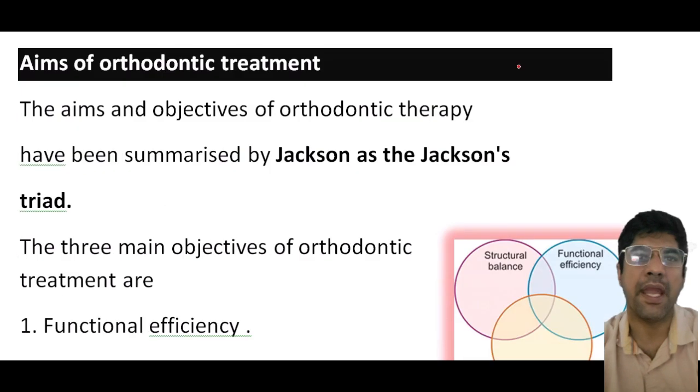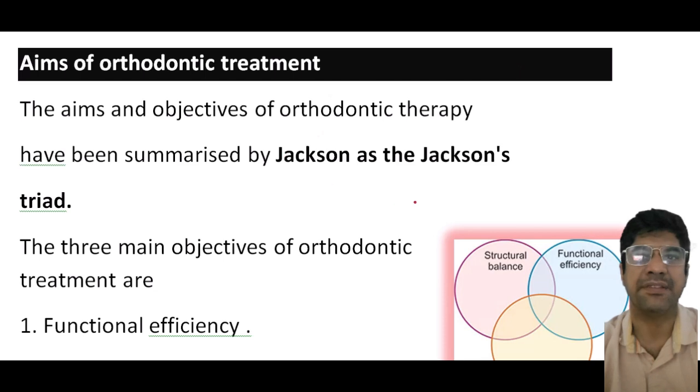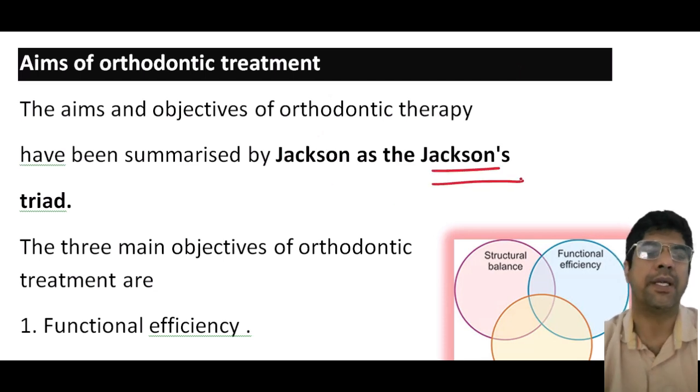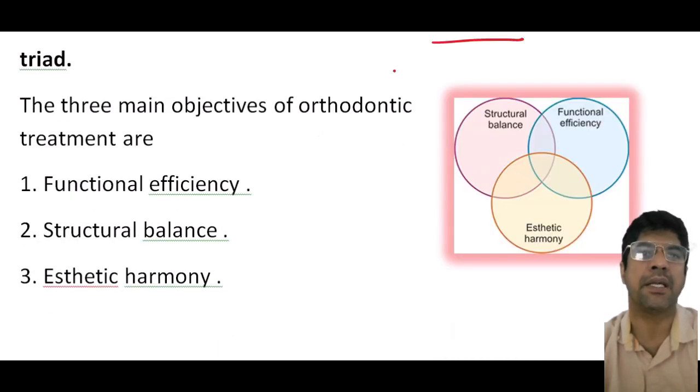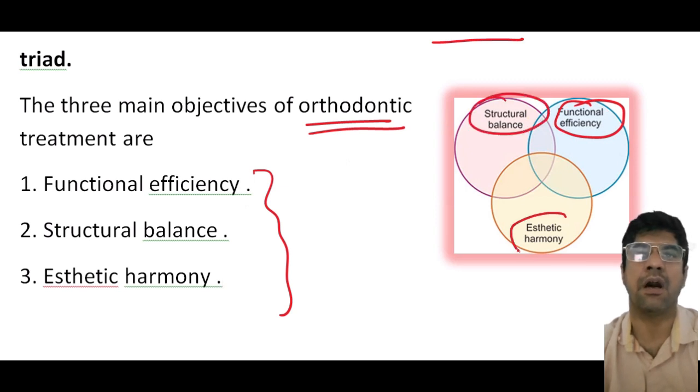Now, what is the aim of orthodontic treatment? The aim and objectives of orthodontic therapy have been summarized by Jackson as the Jackson triad. So what are the three main objectives of orthodontic treatment? These are functional efficiency, structural balance, and aesthetic harmony. These are the three main objectives of orthodontic treatment.